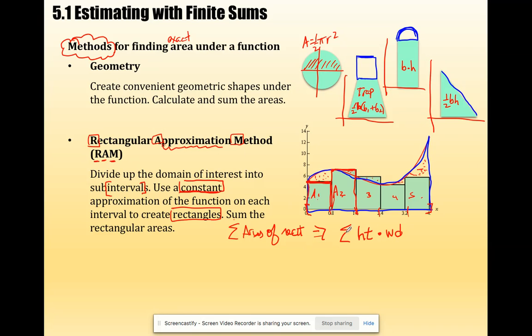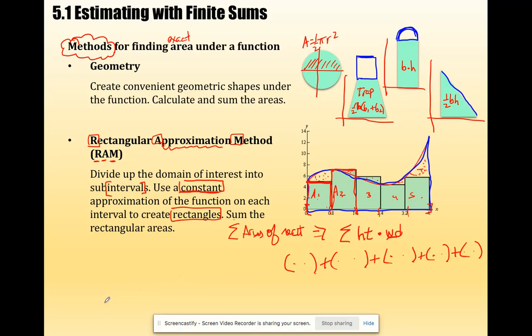How many? I've got 5 of them. So I will have 1 plus 2 plus 3 plus 4 plus 5 rectangles. Height times width, height times width, height times width, height times width, height times width. I'm just pretending that the height is constant over chops of the domain.